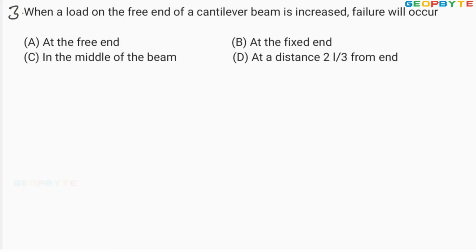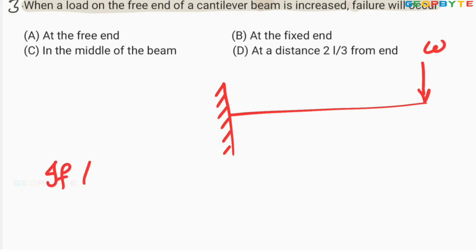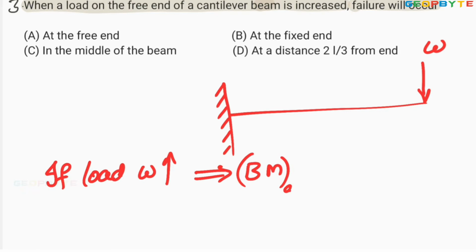Look at the third problem. When a load on the free end of a cantilever beam is increased, failure will occur. The problem is for a cantilever beam. This may be the cantilever beam. The load is applied like this. This is the free end load W. If load W increases, bending moment at the fixture increases.